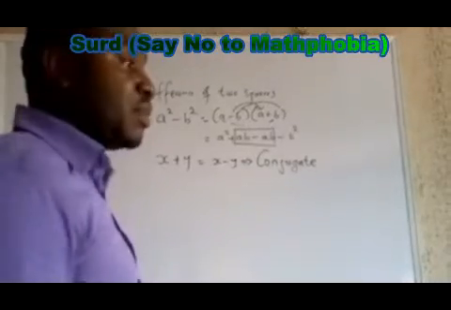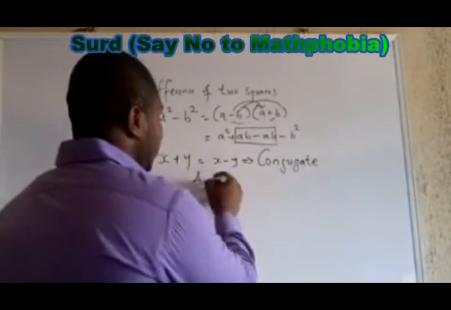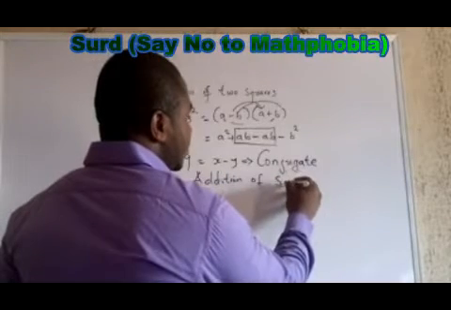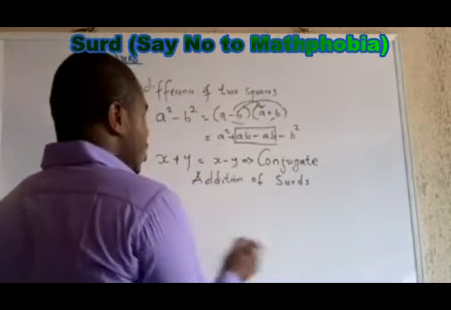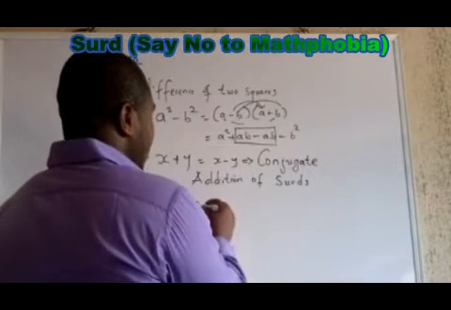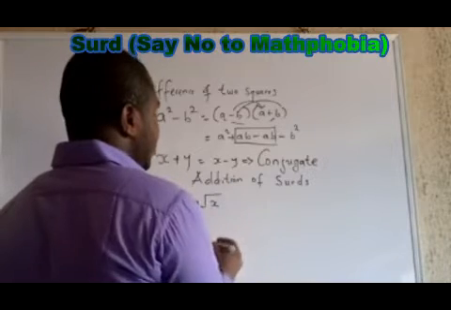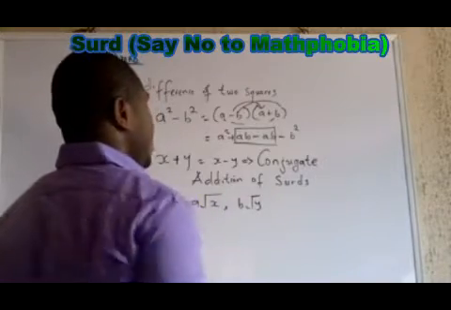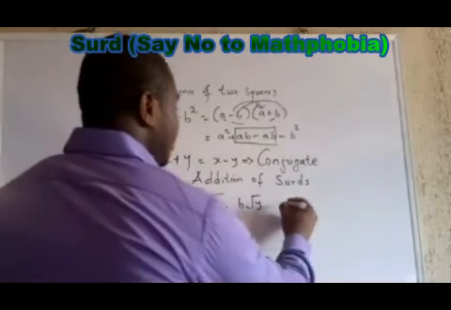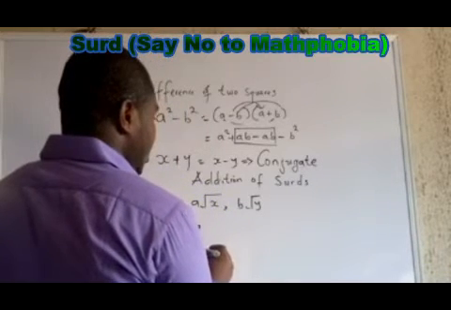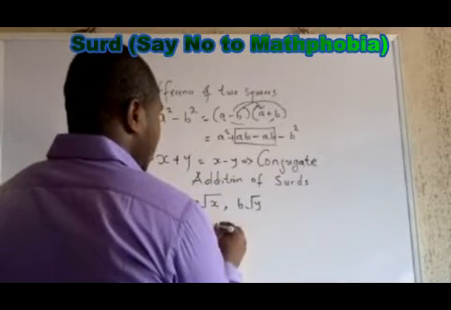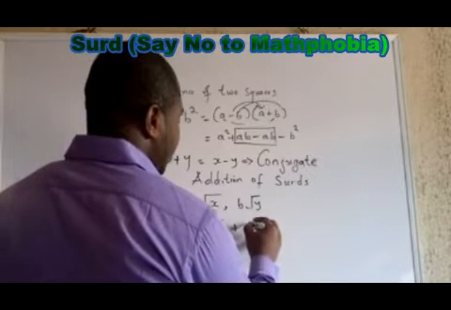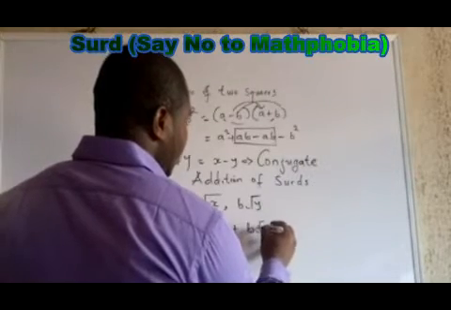So we go simply into addition of surds. If you have a surd a root x, and you have another one b root y, you can add them as a root x plus b root y.